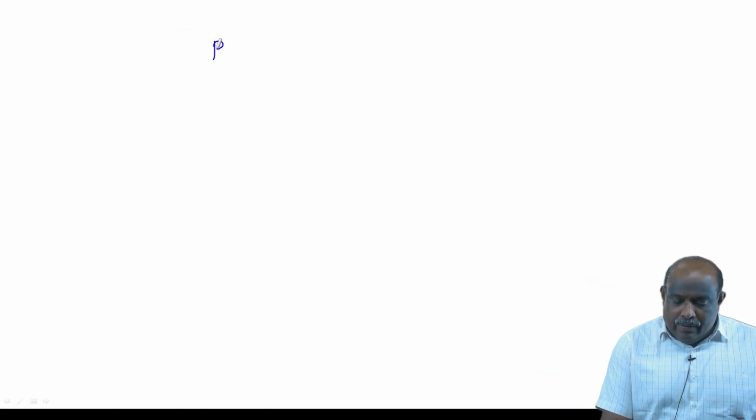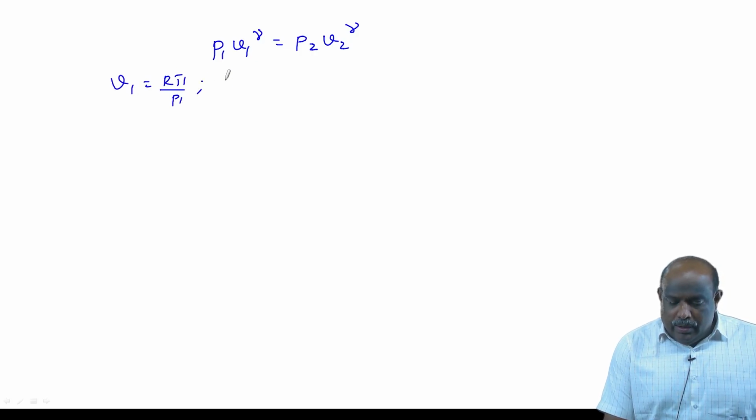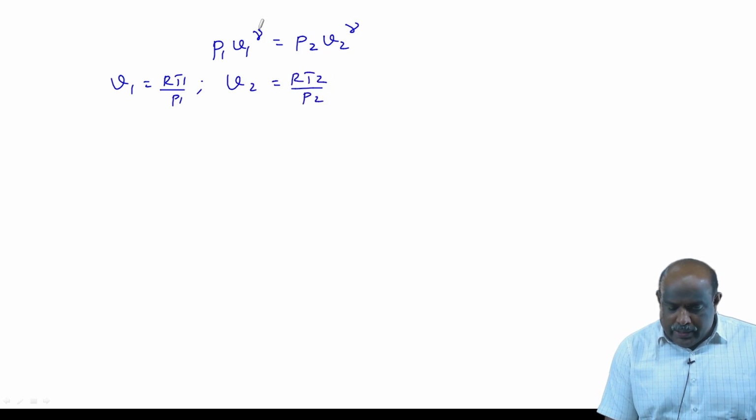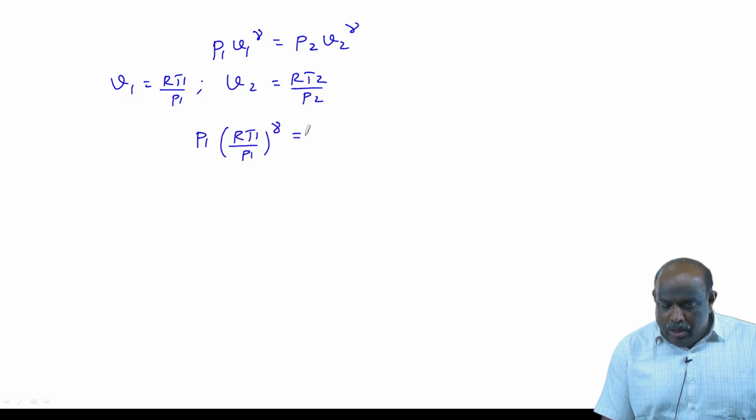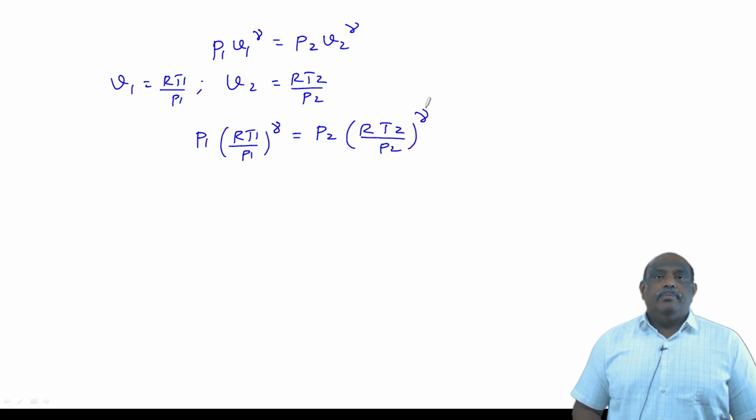So here what is the equation? P1 V1 power gamma equal to what? P2 V2 power gamma, as well as V1 equal to R T1 by P1, V2 equal to R T2 by P2. Substitute this value in the above equation. So P1 into (R T1 by P1) whole power gamma equal to P2 into (R T2 by P2) whole power gamma.